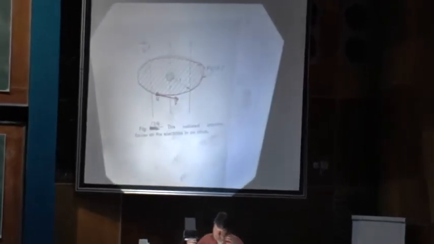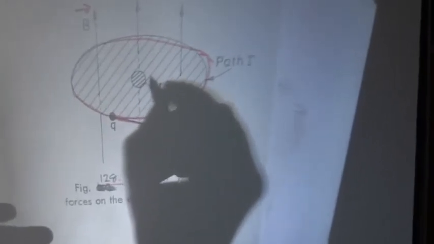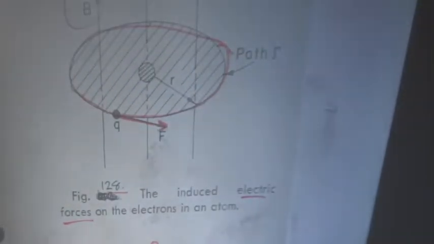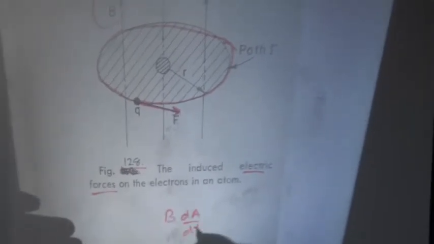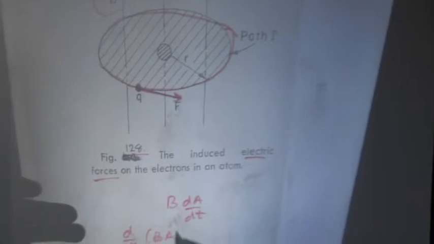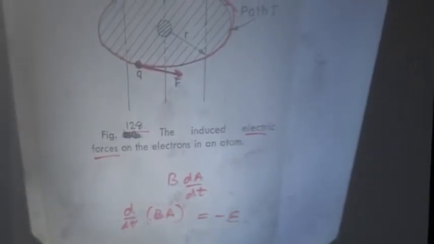So the hand-waving argument of the origin of diamagnetism is that you get an induced EMF. We've got a B field, and we're sweeping out a certain area in a certain time. So this is basically the rate of change of magnetic flux, which, as we've seen, is the EMF, and the EMF always opposes the motion.